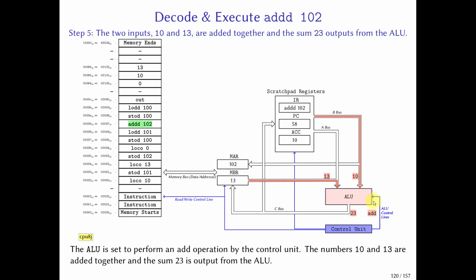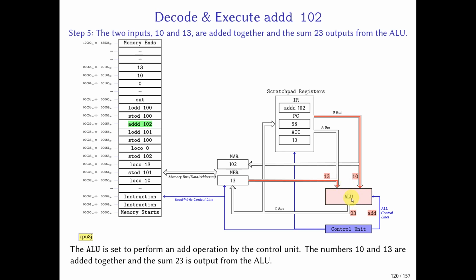Now if we could zoom in on the ALU control lines, we would see that the signal being sent would be 1-1, if we were being consistent with the circuit that we studied previously, and I think for the sake of convenience we will say that. So the ALU responds to that, it's enabled, and the inputs 13 and 10 are passed into the ALU.